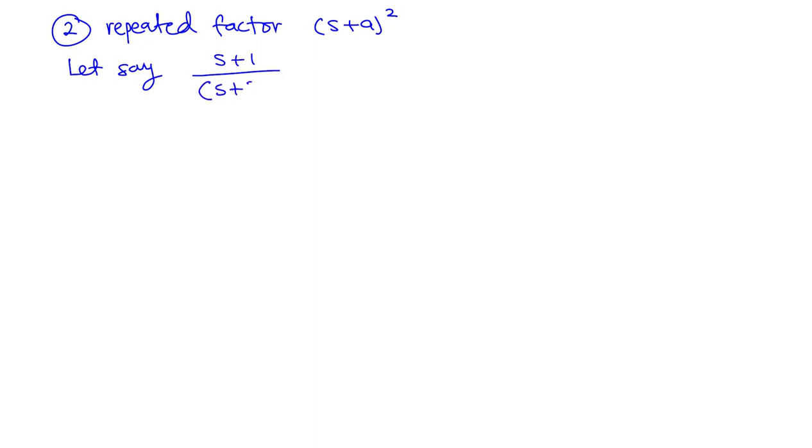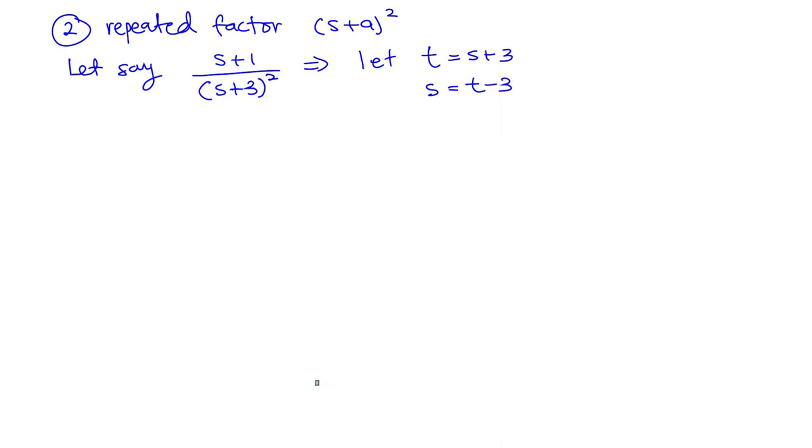Number 2 is a repeated factor, (s plus a) squared. Let's say (s plus 1) divided by (s plus 3) squared. So we can let t equal to s plus 3, so you will get s equal to t minus 3.